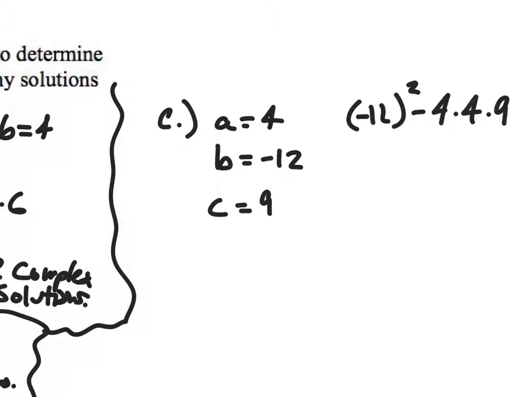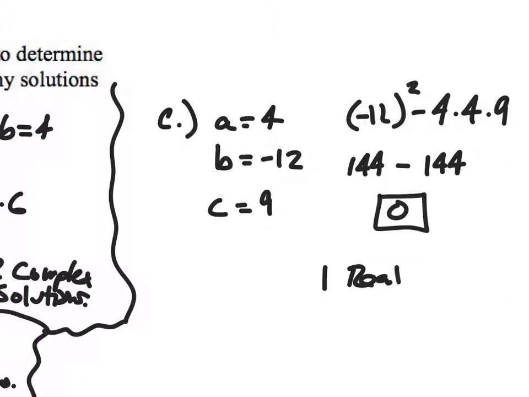Negative 12 squared gives me 144. 4 times 4 is 16, times 9 gives me 144. So minus 144 gives me a discriminant value of 0. 144 minus 144 is 0. Therefore, I have one real solution.